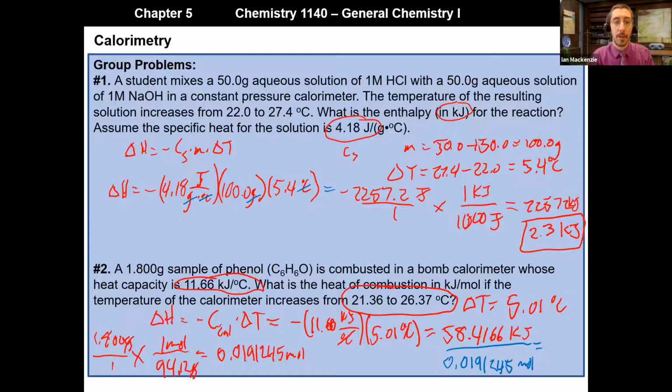But now I can go back and say I only have 3 significant figures in the calculation of delta H, so I'm going to round to 3 significant figures, and I'll write it in scientific notation just to help. 3.05 times 10 to the third kilojoules per mole. And that's how I would solve a calorimetry problem like this.